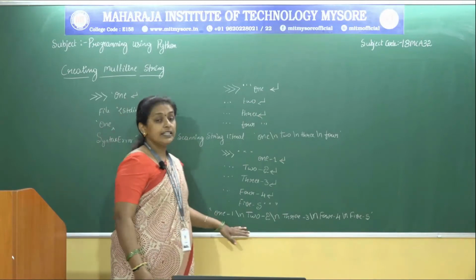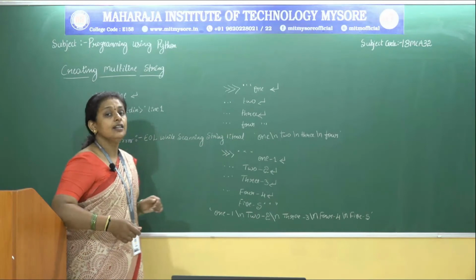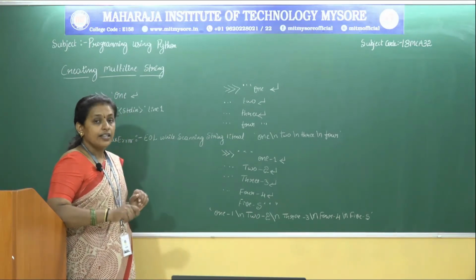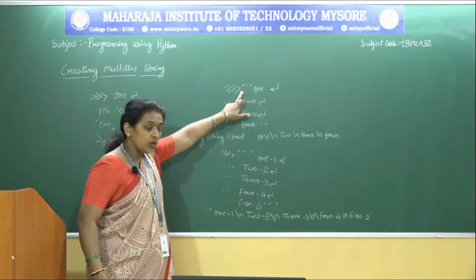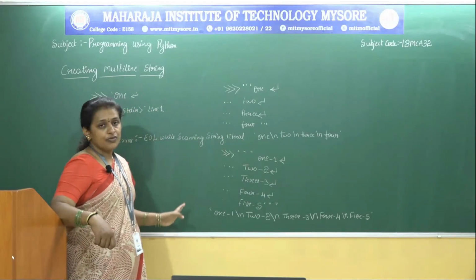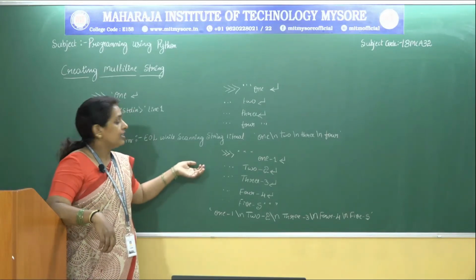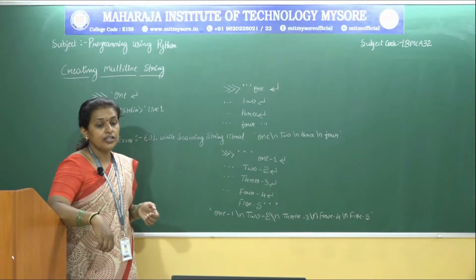Okay, this is how we will get an output when we need to span a string over multiple lines. Either we need to use continuous single quotes or continuous double quotes. So when you are writing a story, that time it will be used. Okay.